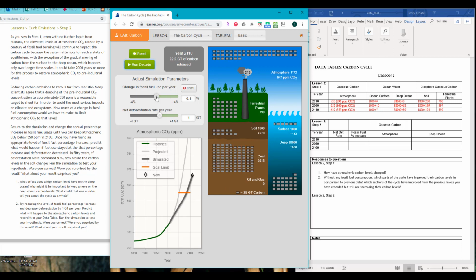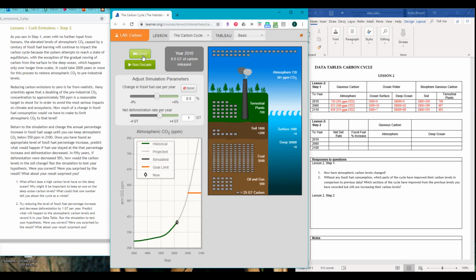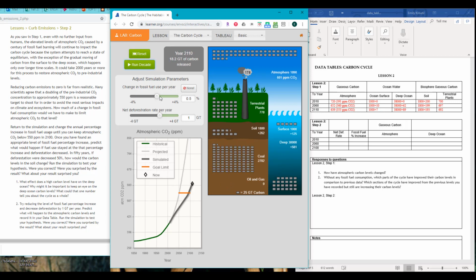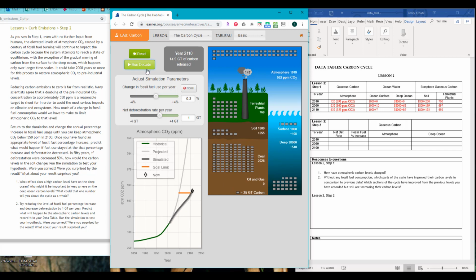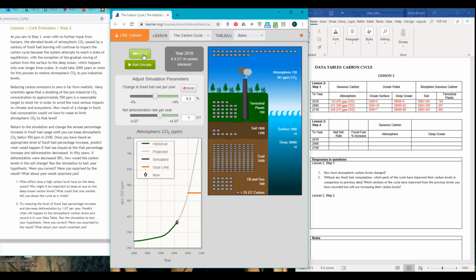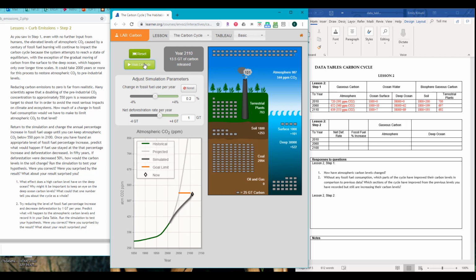Still too high. Still too high at 0.5. Let's try 0.3. Ooh, still too high. Remember, we need it to be below. So let's do 0.2. Okay, there we go. 0.2.